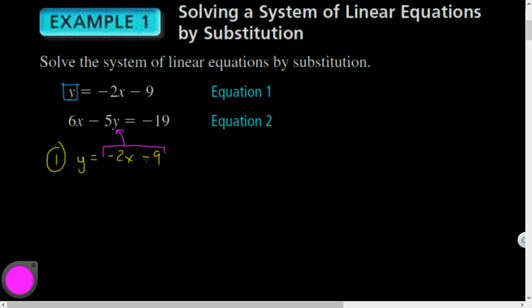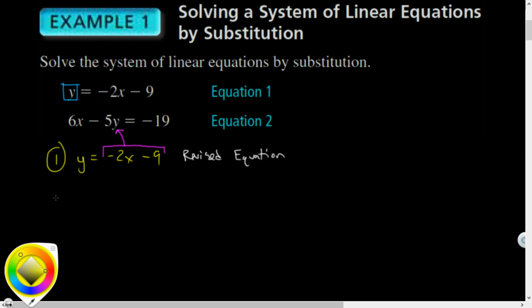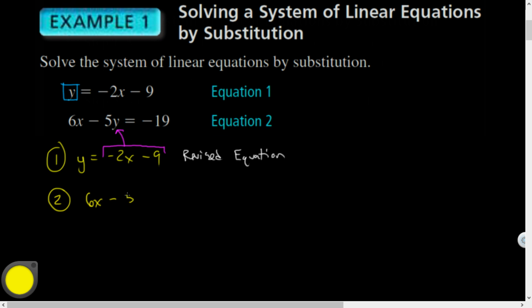If y is equal to this, I can replace it with this entire expression. This is referred to as the revised equation. I'm going to plug this expression in for the other equation's y. So I'm going to write 6x minus 5(-2x minus 9) equals -19.